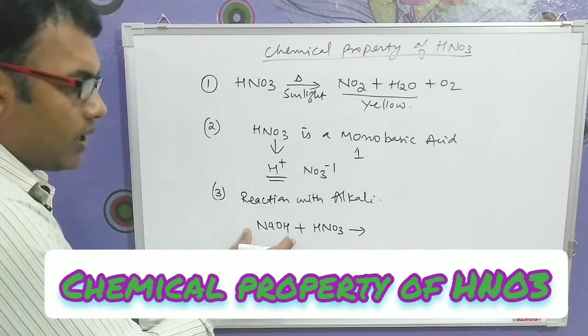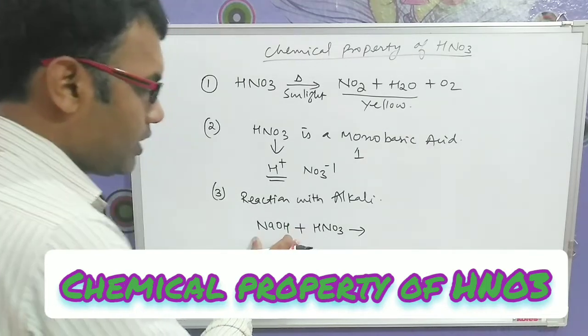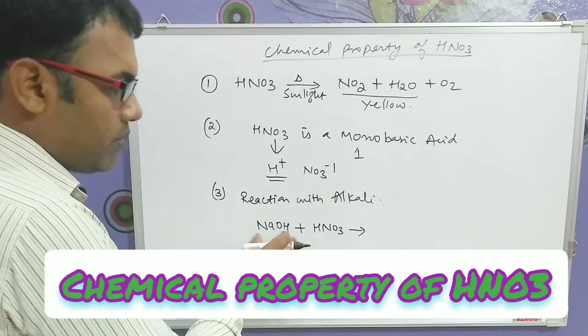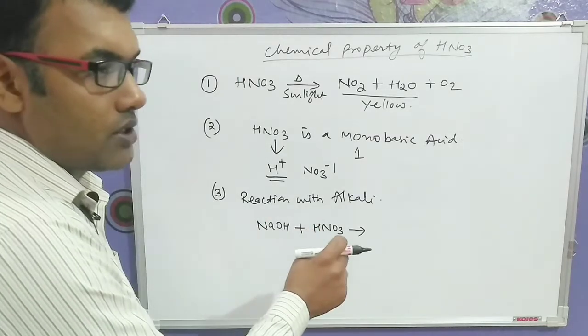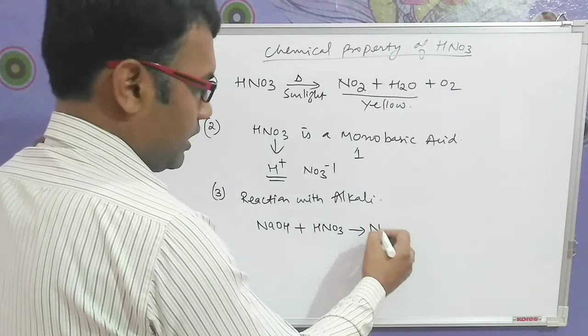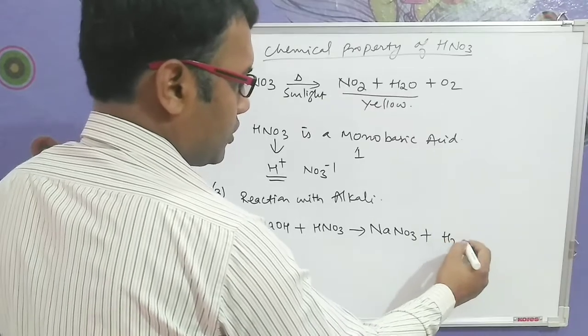What does it give? Sodium hydroxide is behaving both as a base and an alkali. So if we consider base plus acid, the reaction is a neutralization reaction, the formation of salt and water. That is NaNO3 formation, plus H2O.